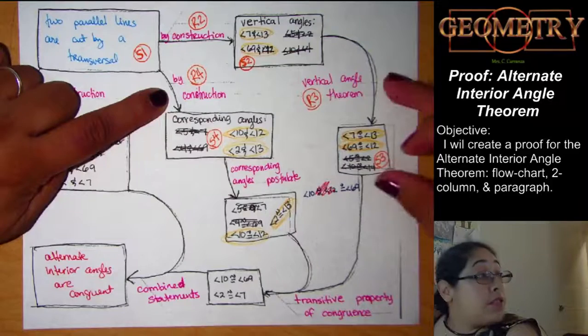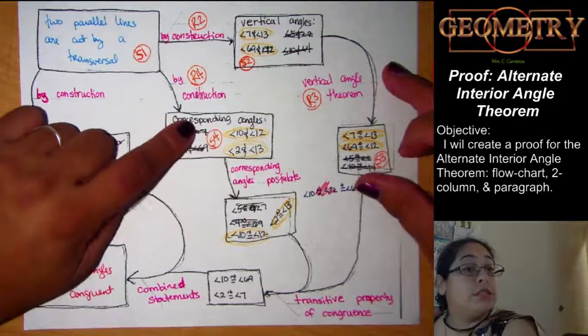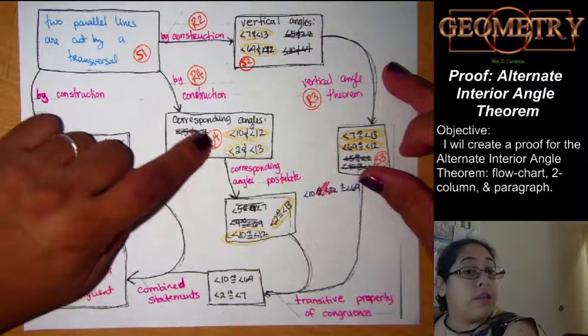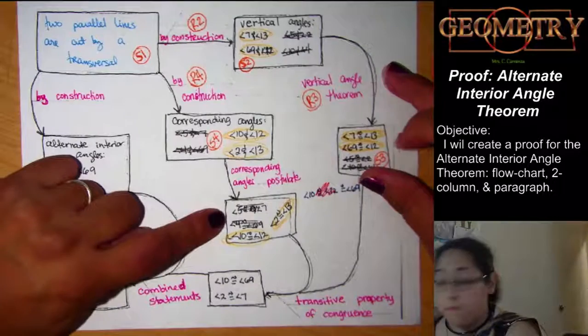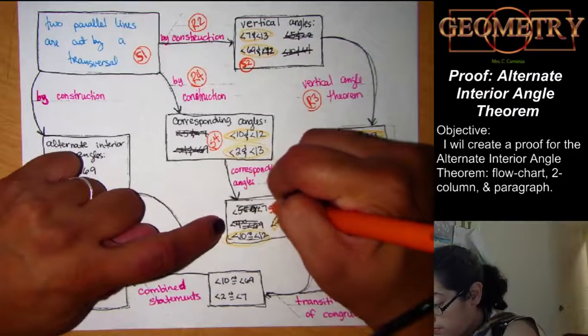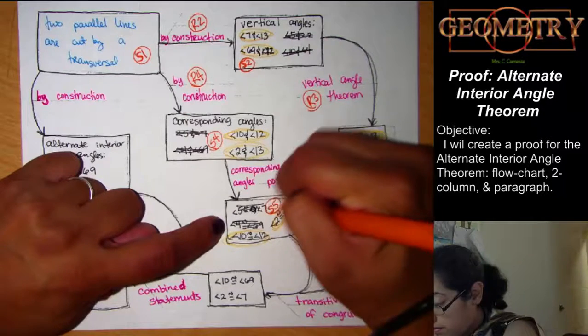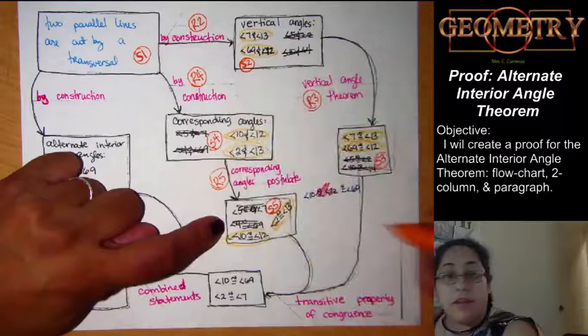Did that make sense? Yes. All right, so we're going to follow the statement again. We're going to leave statement number 4. We end up here at statement number 5. And here's the reason we got to statement number 5, right there.